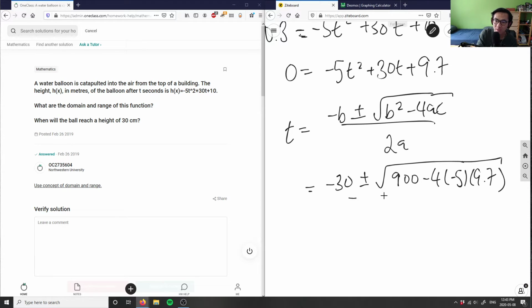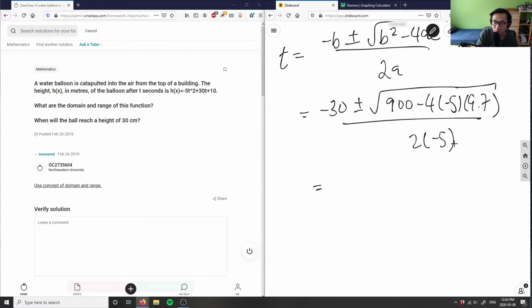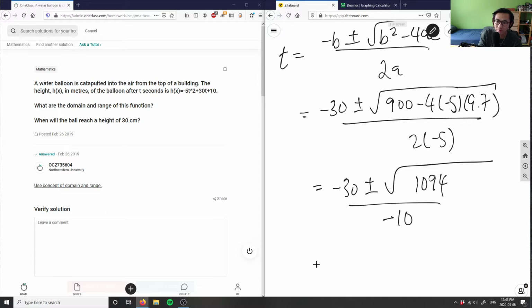I'm speeding through this just for the sake of time, but I'm pretty sure we know how to use the quadratic formula. The square root would be 900 minus 4 times -5 times 9.7. This gives me a value of 1094, all over 2 times -5, which is -10.